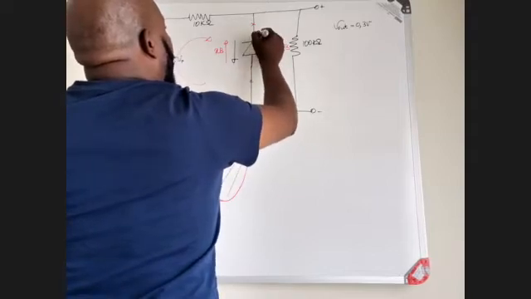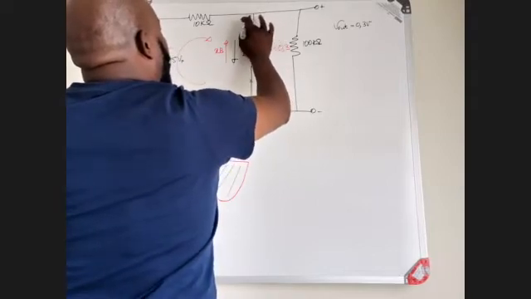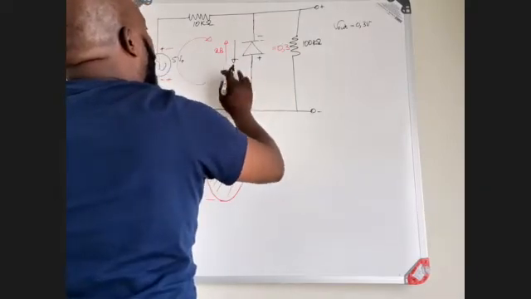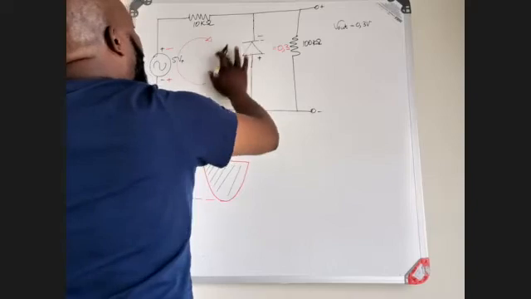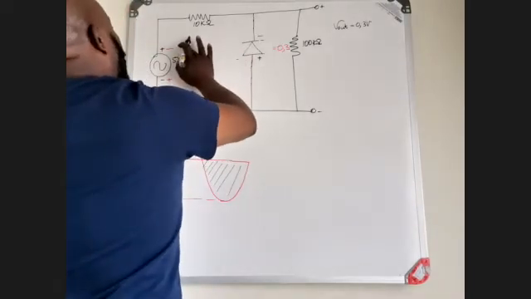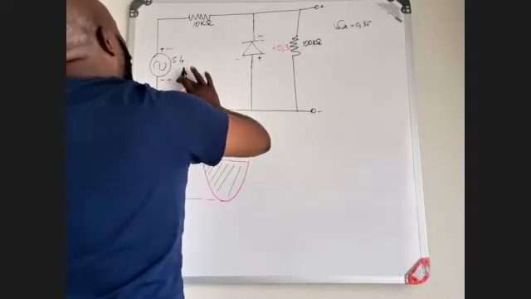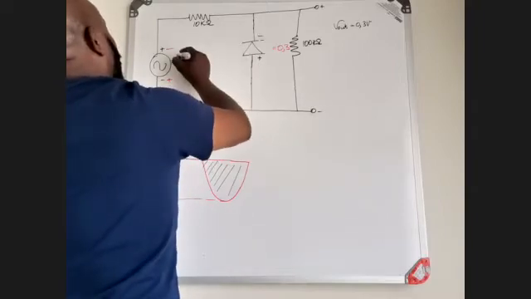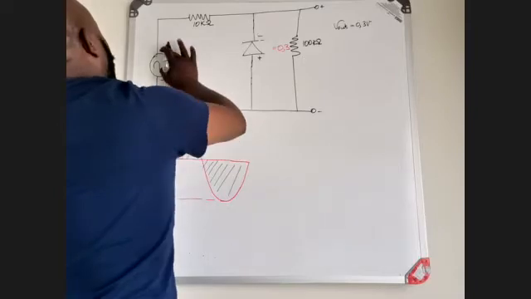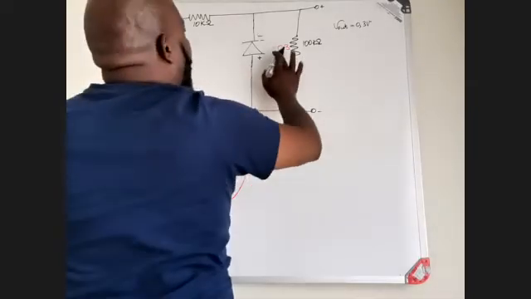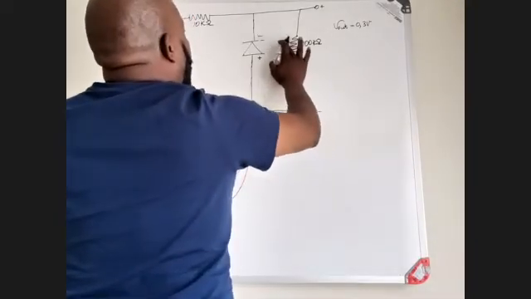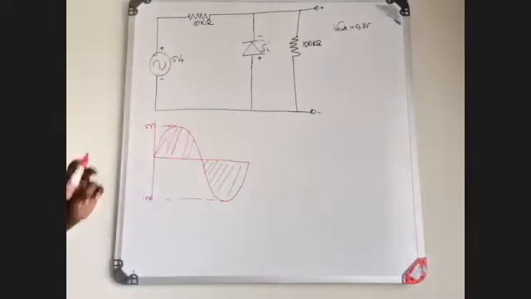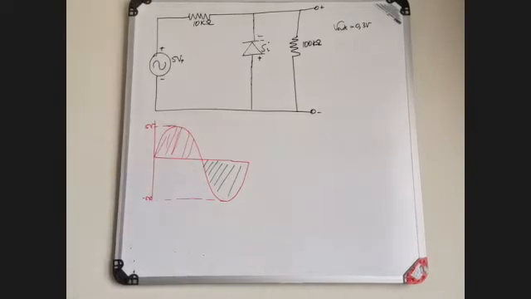Positive there, negative there. Five volts, positive there, negative there. Then I say that is a silicon device.